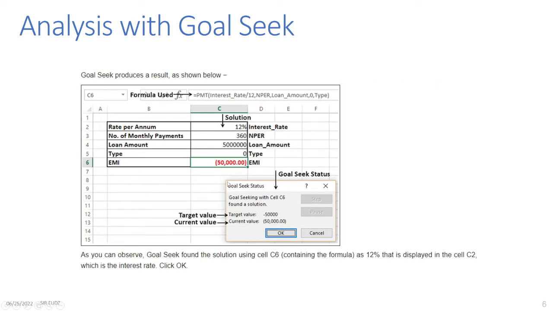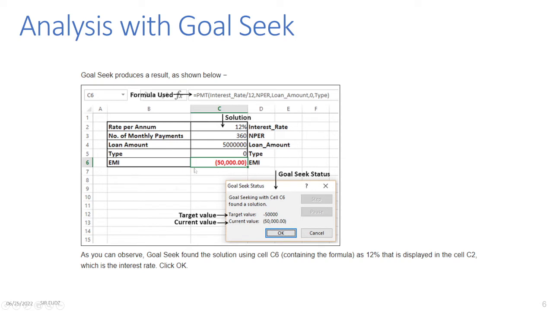Goal Seek produces a result as shown below. So Goal Seeking with cell C6 found a solution. The target value is 50,000 and the current value now is 50,000, and then we just click OK.